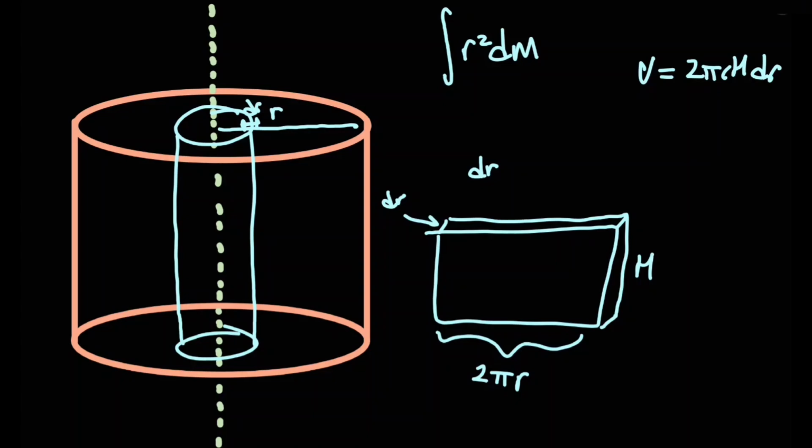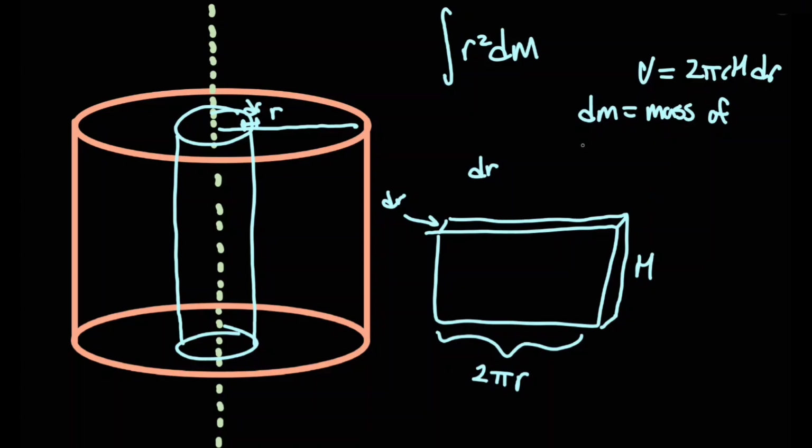And the second part we're going to have to ask ourselves is what is dm? So if we're taking this to be an infinitesimally small little cylinder here, the mass slice we're going to use is one cylinder. So we're going to say dm is equal to the mass of this unfolded cylinder we have.